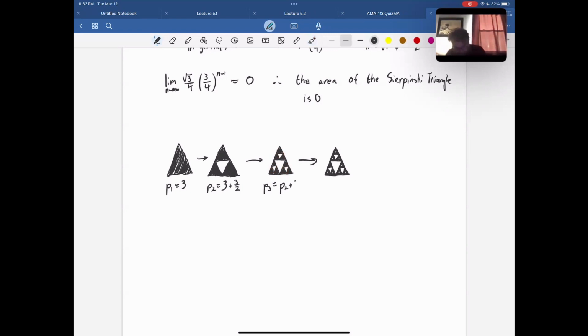And so this will be 3, because for the 3 triangles, and then 3/4, right? Because we've got to add up each individual side. And so that's 1/4, 2/4, 3/4.